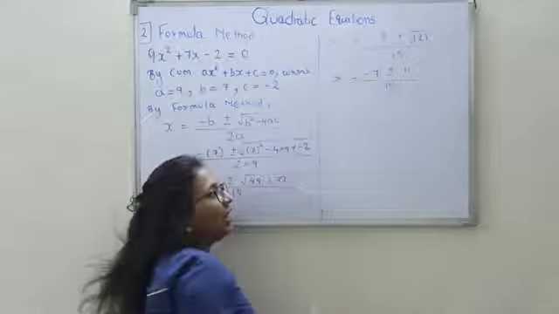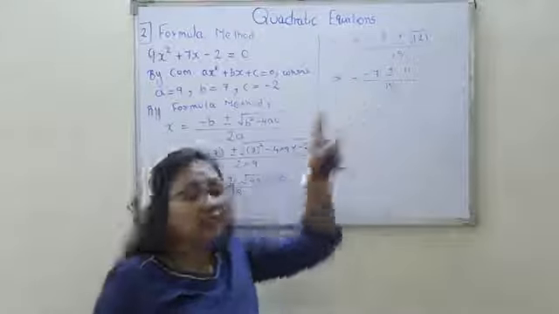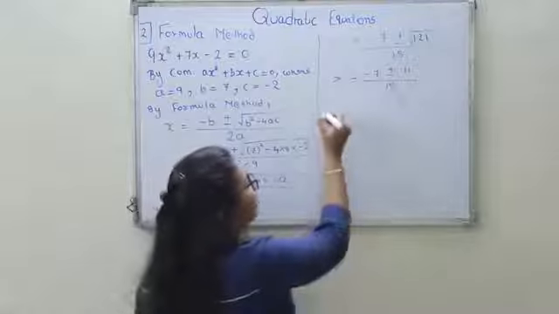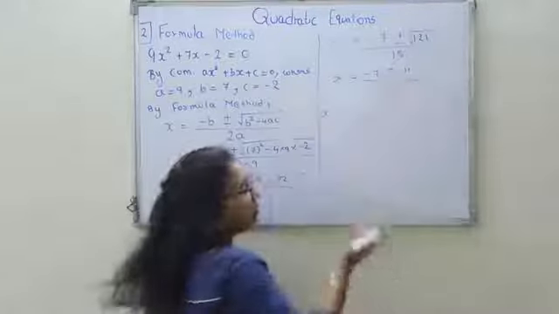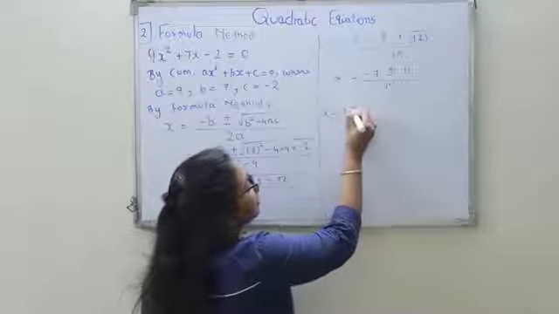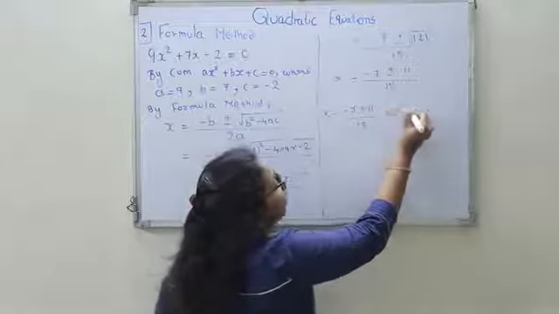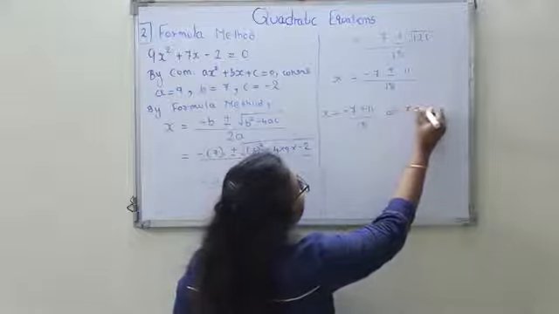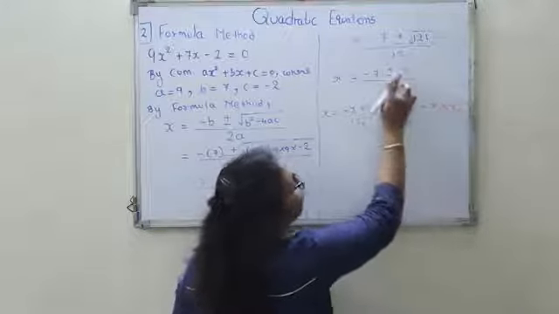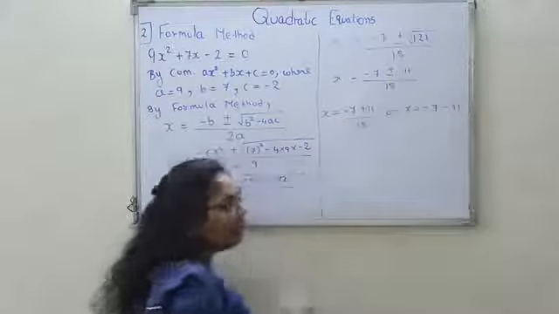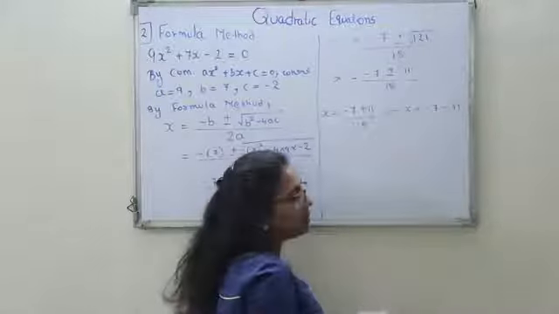To find the value of x, we will have to separate this sign and then solve. So let's do that, because with two signs we can't solve at a time. So x is equal to minus 7 plus 11 upon 18, or x is equal to minus 7 minus 11 upon 18. If you observe, one time I have taken plus 11, the other time I have taken minus 11.